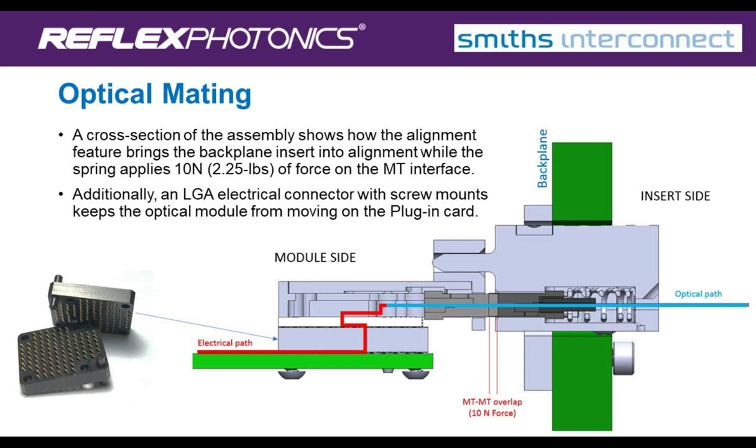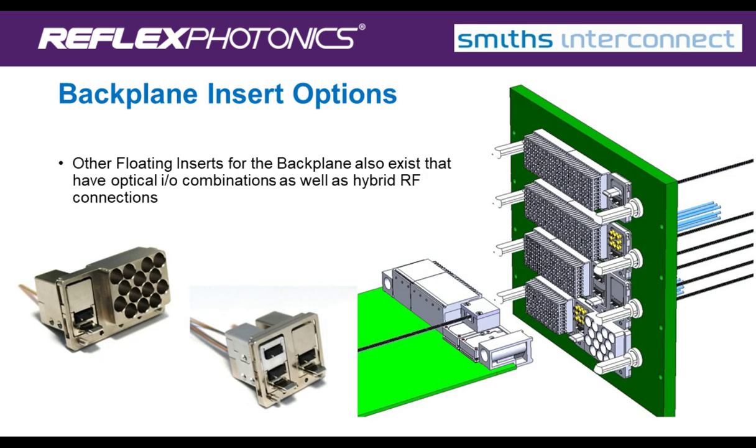You can see the spring system pushing on the MT optical connector, and just above the 2 gray optical connectors, there's an alignment feature that does a primary alignment of the floating insert into the module as the card is being pushed together.